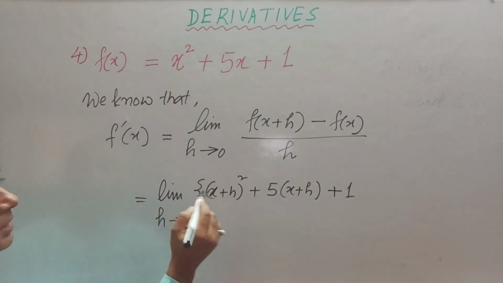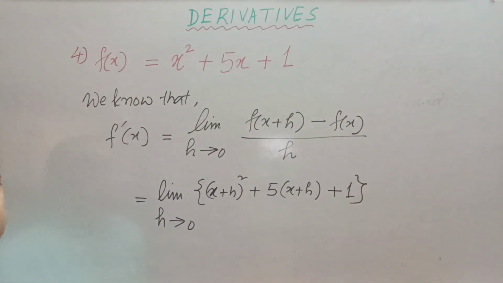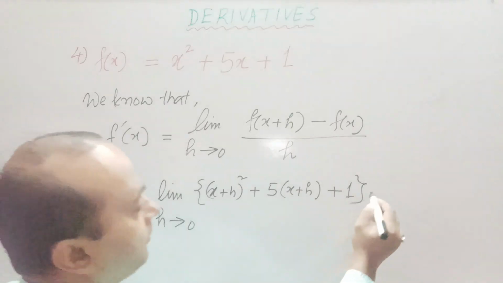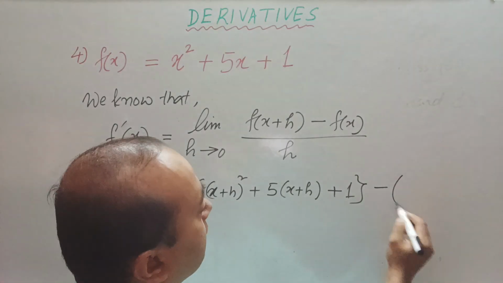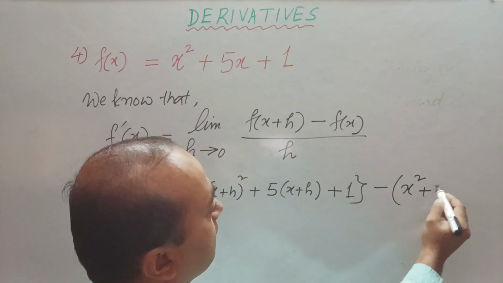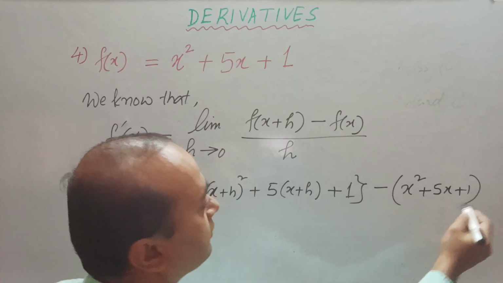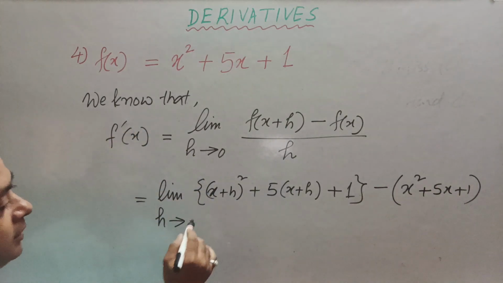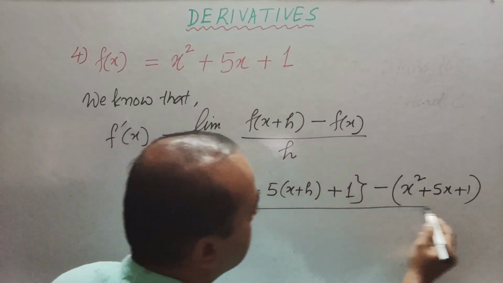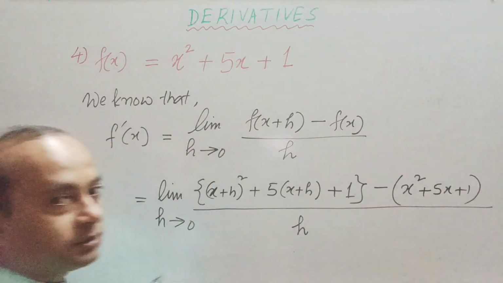So this is the value for f of x plus h, minus the value of f(x), which is x square plus 5x plus 1. The entire expression is divided by h.